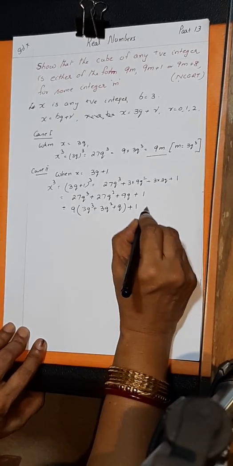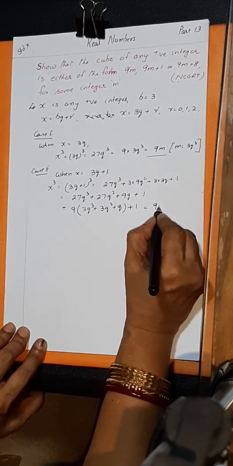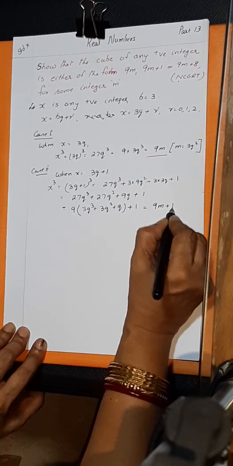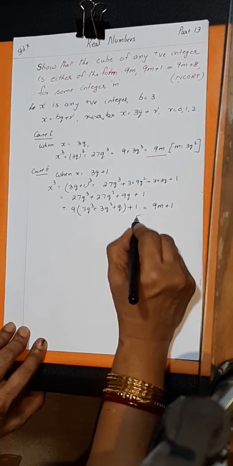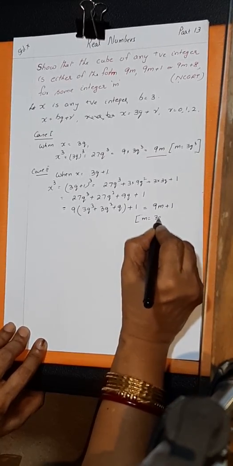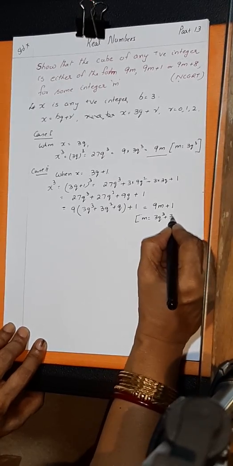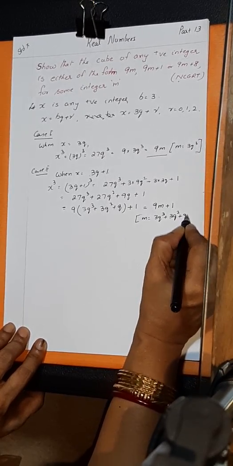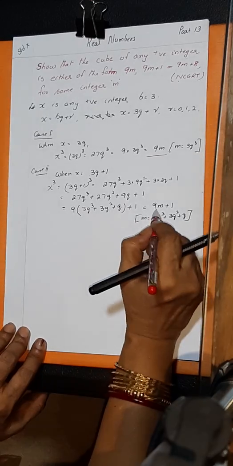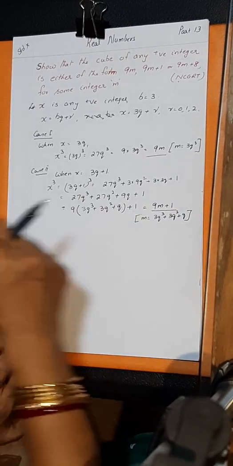So this I can write as 9m plus 1, where m is equal to 3q cube plus 3q squared plus q. So now we got this in the format of 9m plus 1.